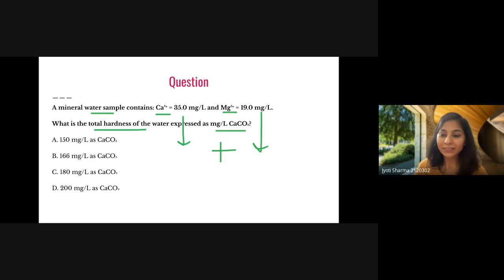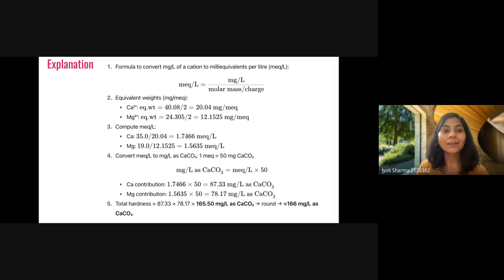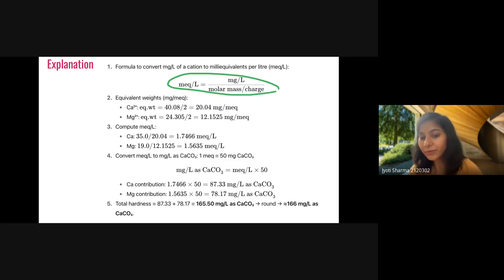Is it 20 or what? 18? Anyway, so let me show you. Okay, so this is the formula that we know. Venkateshwara gave me 20, yes, this 20 is right.